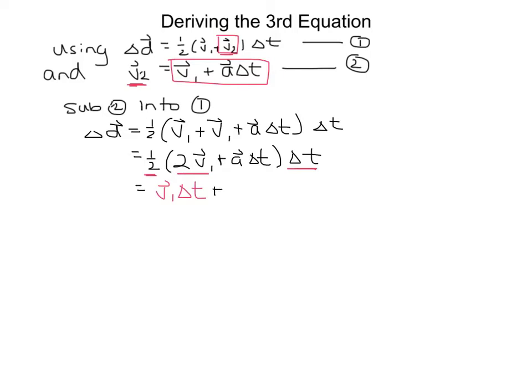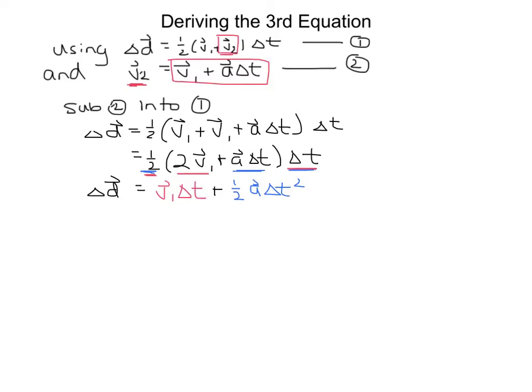And then we just finish our distribution, and now we're doing the 1/2, the a delta t, and the delta t. And that gives us 1/2 a delta t squared. So there's my new equation right there. I get delta d equals v1 delta t plus 1/2 a delta t squared. So there's my equation 3.